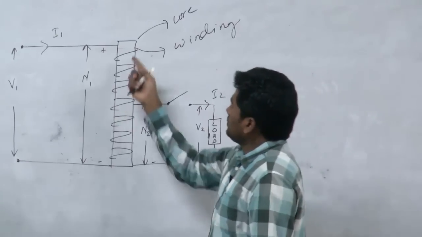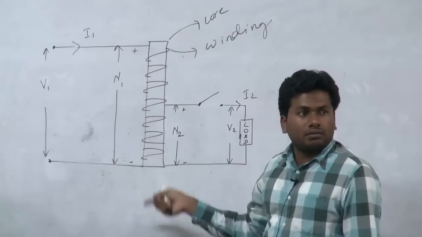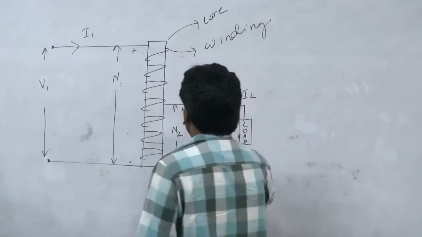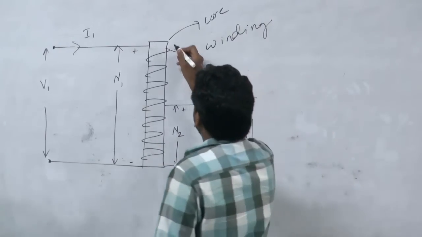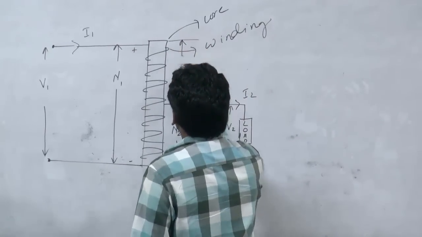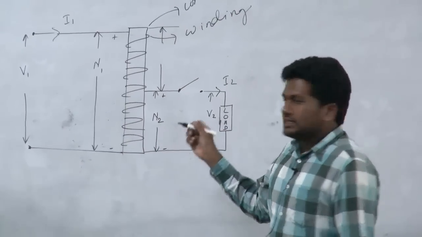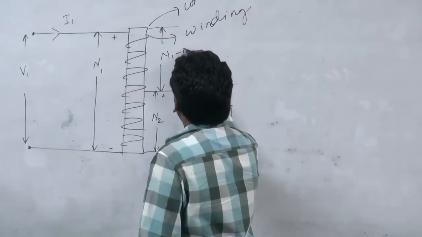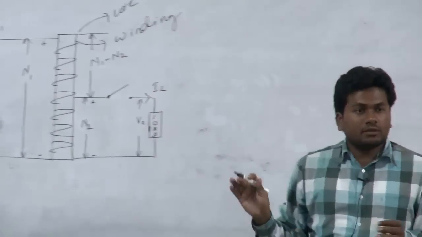So there is only one winding, where this much is the total number of turns. As this is N2 and this one is N1, what is this portion of winding? N1 minus N2. Clear?